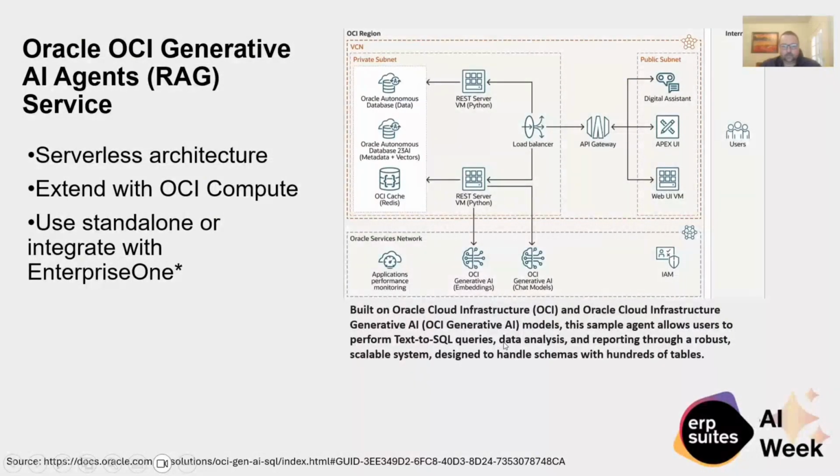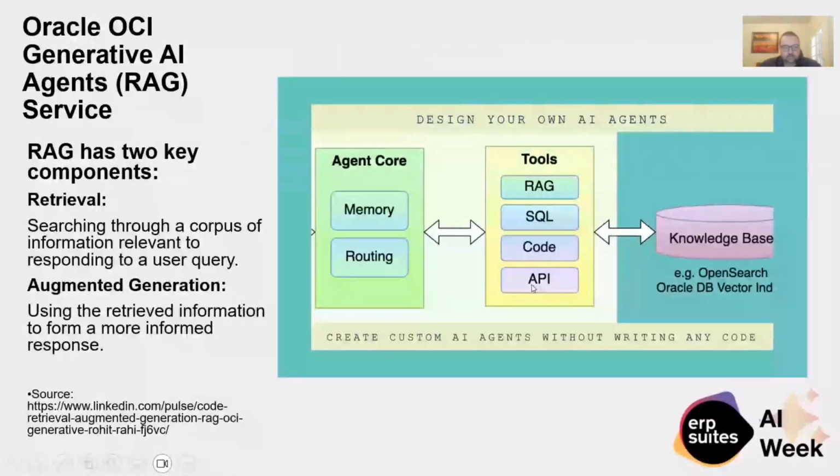So let's see. The Gen AI service has two key components. It's retrieval and augmented generation. So obviously you have to supply data in a knowledge base that it's going to retrieve.